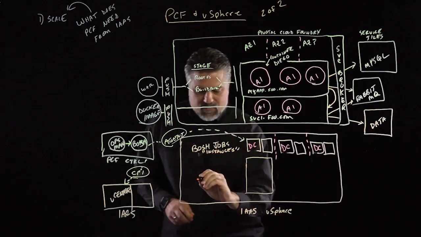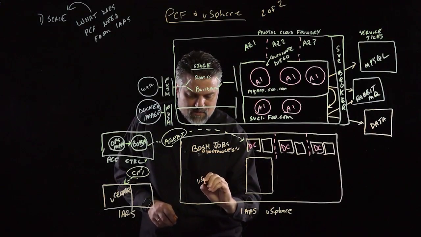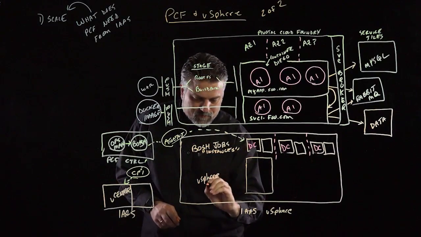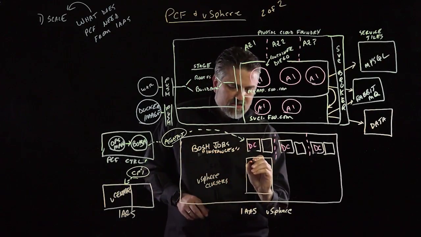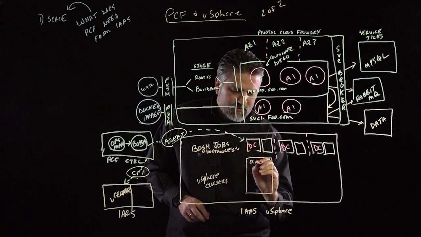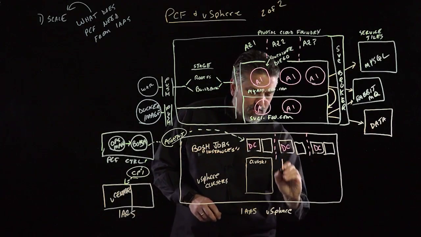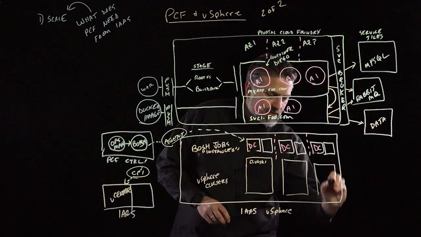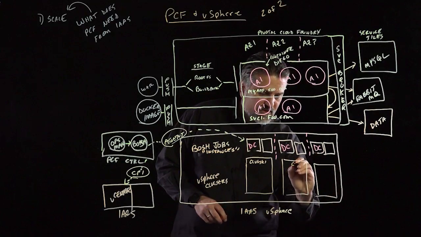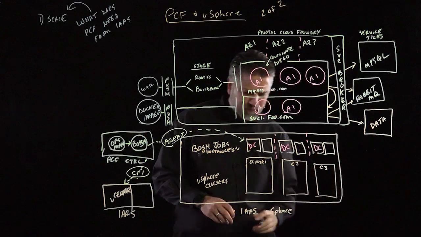So these are going to be our vSphere clusters. And inside of our clusters, we'll just call this one cluster 1. And we'll create cluster 2 and cluster 3. We'll just call them C2, C3.